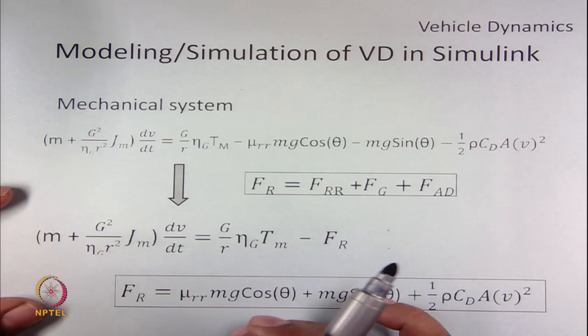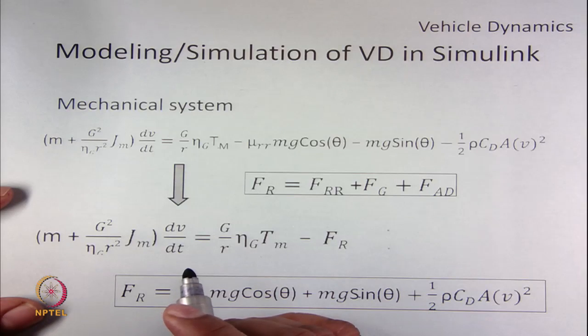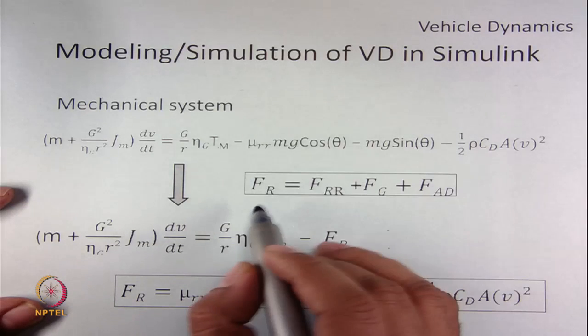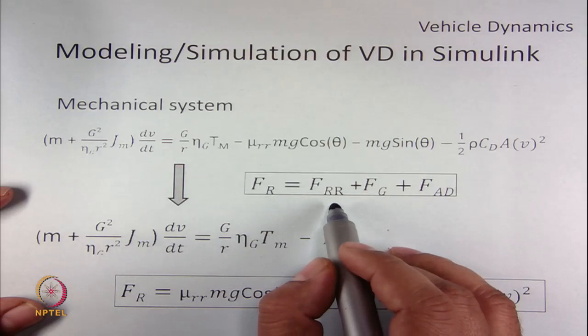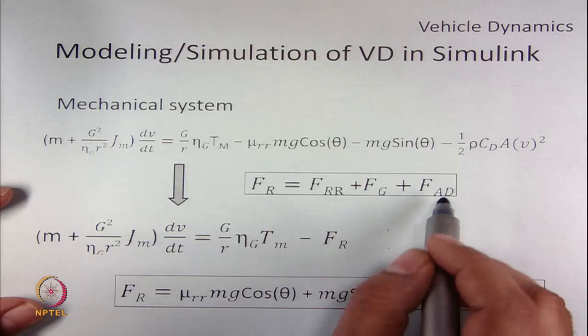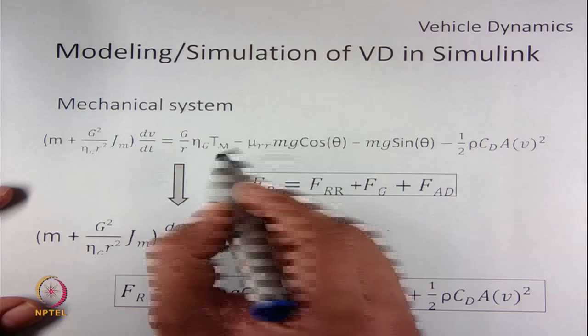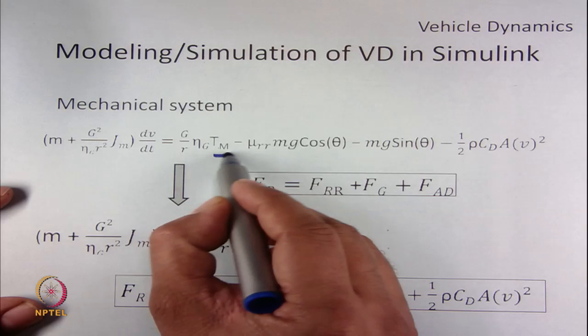Using the understanding of the tractive effort that is required to drive a vehicle, we know that the motor has to support all resistive forces such as rolling resistance force, gradient force and aerodynamic force. So, this is the motor torque.